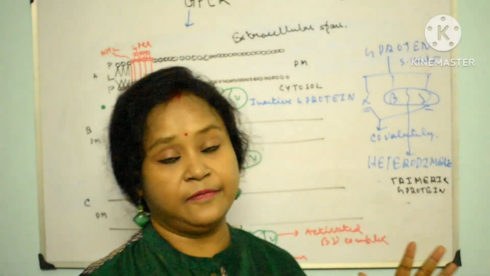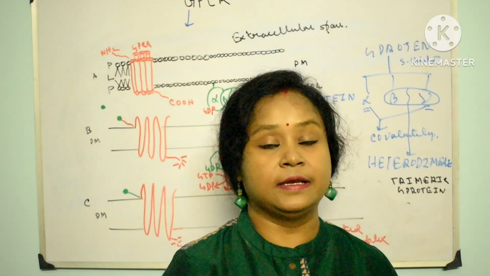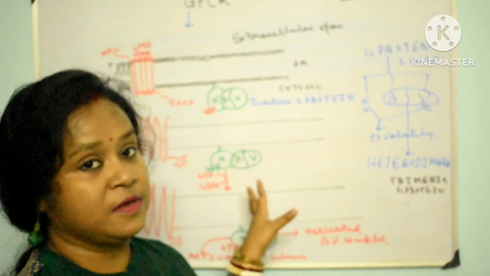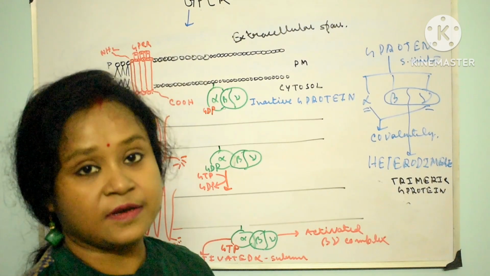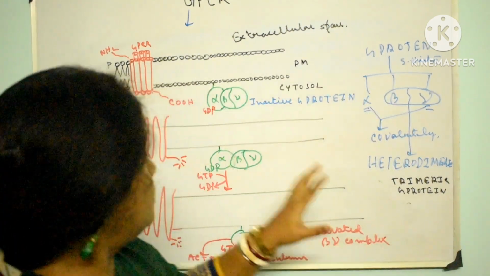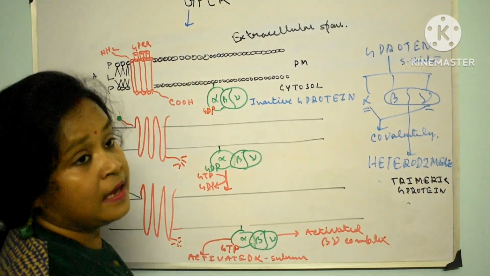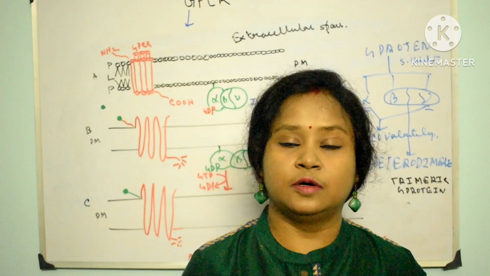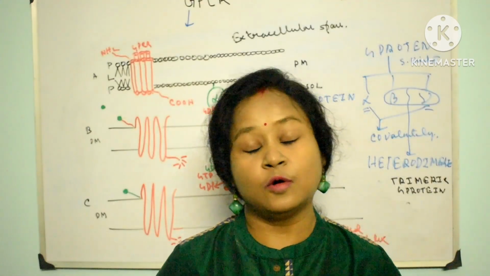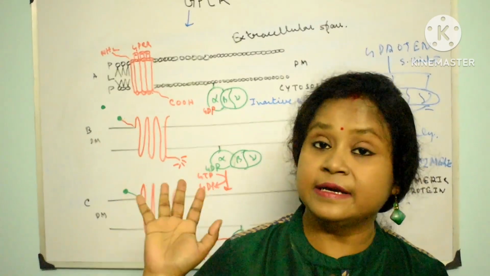This 3-step figure should be drawn when questions about GPCR come. This picture is very much important, along with its description. Without this pointing and without this diagram, the answer is not properly right and not properly described. So be careful about this figure.